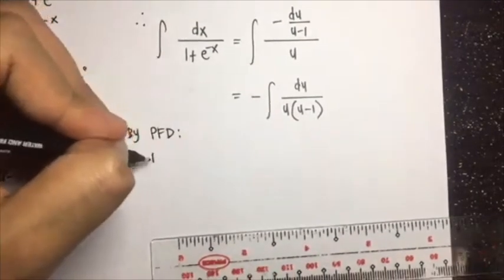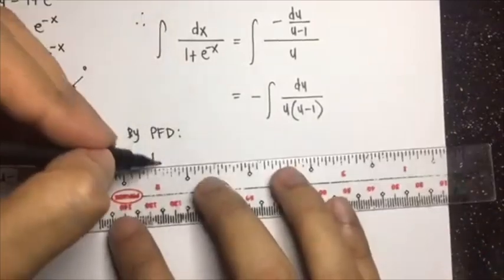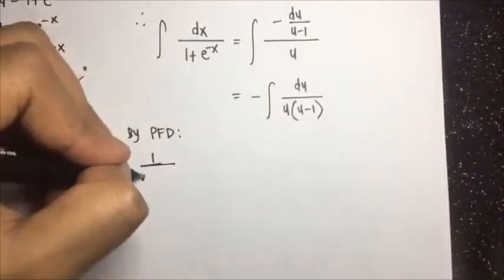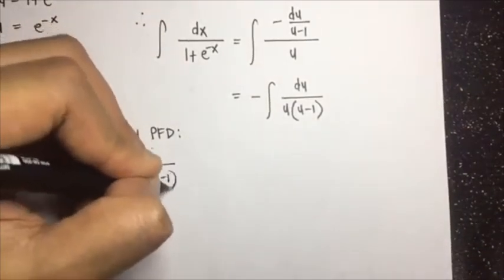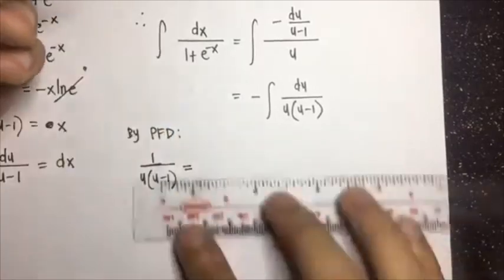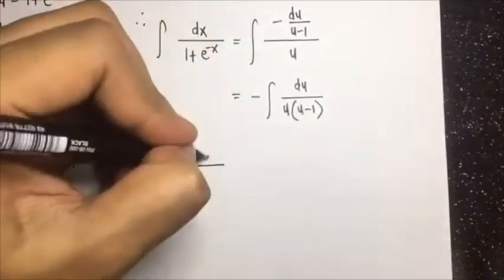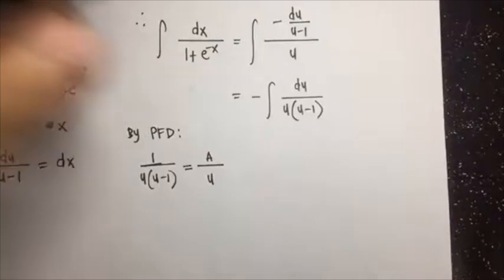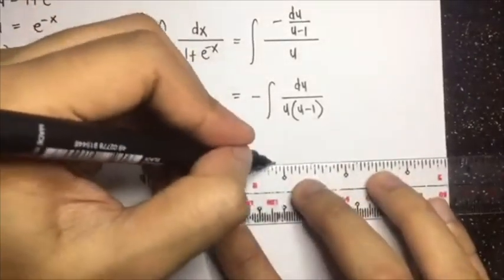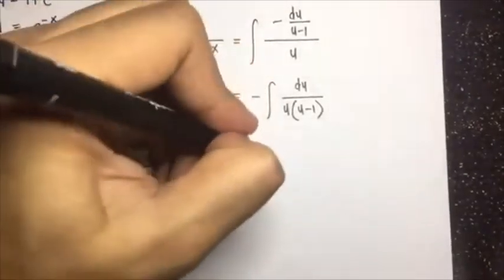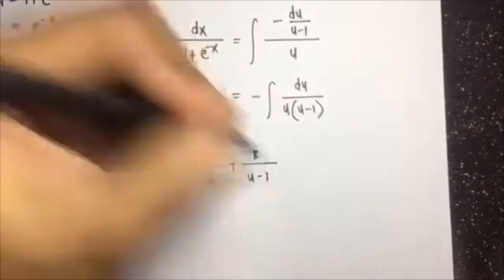So we will have 1 over u times u minus 1 is equal to a over u plus b over u minus 1, right?